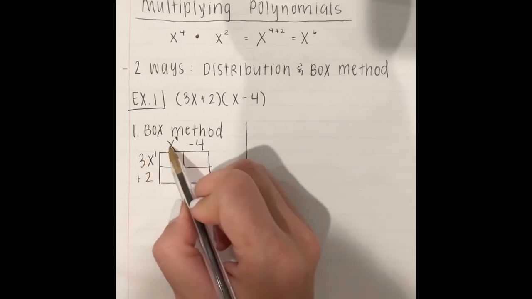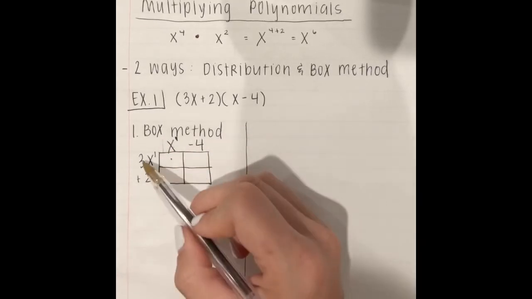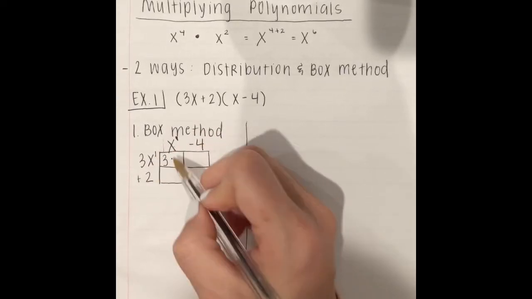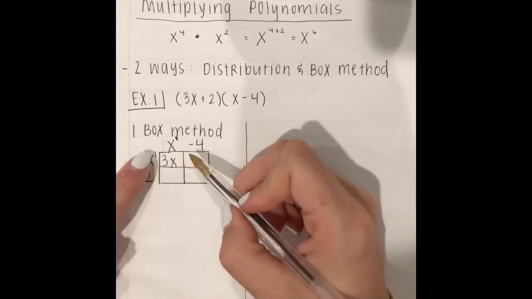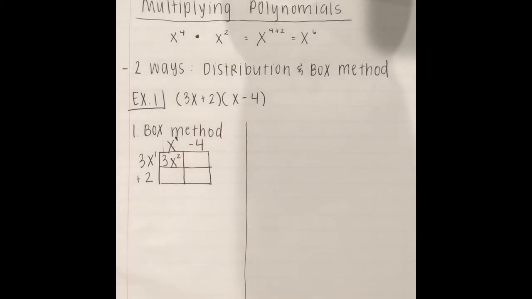So in front of my x, there's just a 1. You don't see a number, it's a 1, right? So this is 3 times 1, which is 3. And then x to the first power times x to the first power gives you x to the 1 plus 1, which gives us 2. So 3x times x is 3x squared.